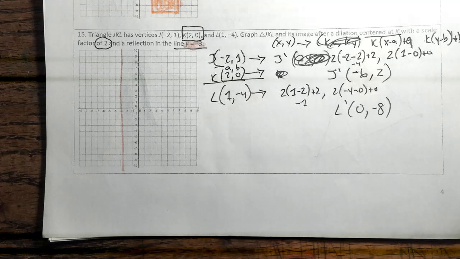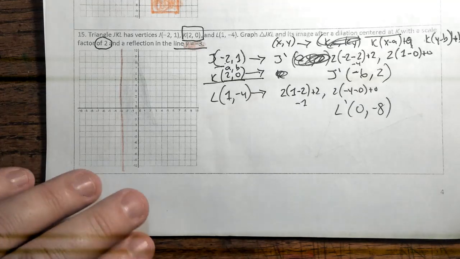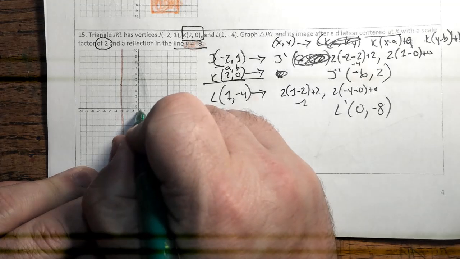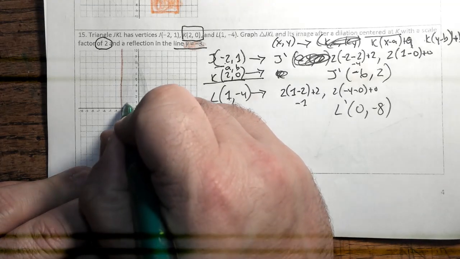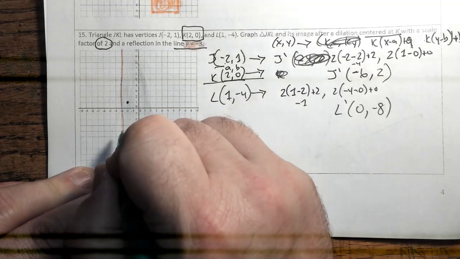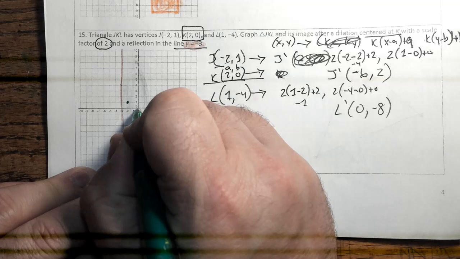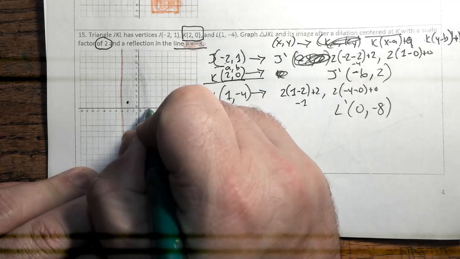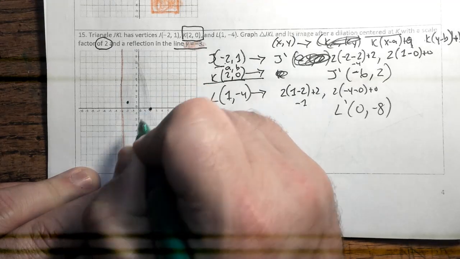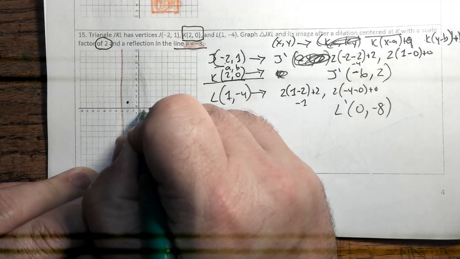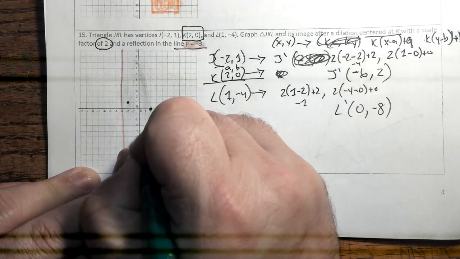All right, now let me draw this. So we will start with the green. So negative 2, positive 1, 2, 0, and then 1, negative 4.